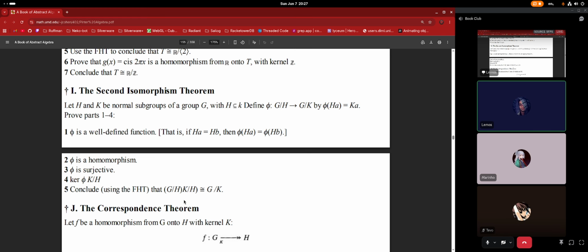So we are missing a parenthesis and a slash here. Algebraically, you turn that into a multiplication, but you flip the denominator, so it becomes G over H times H over K. But what does that mean in this context?